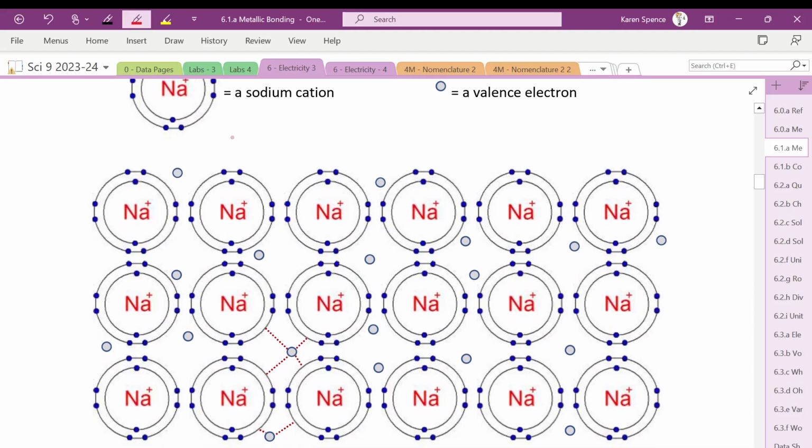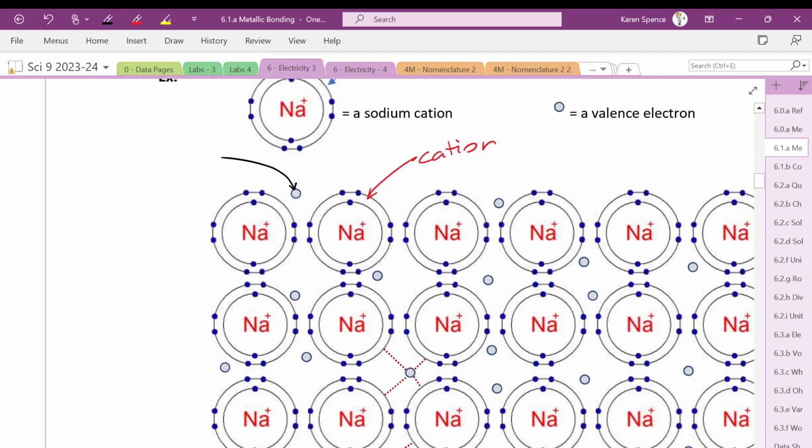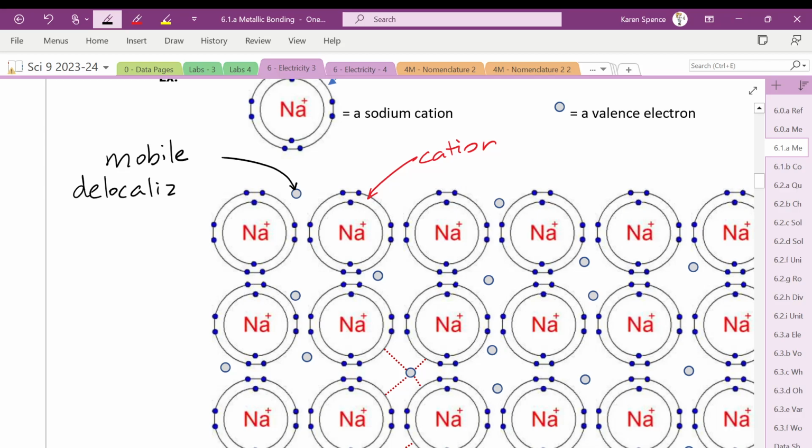So here is our cation. Here is our mobile, delocalized valence electron.